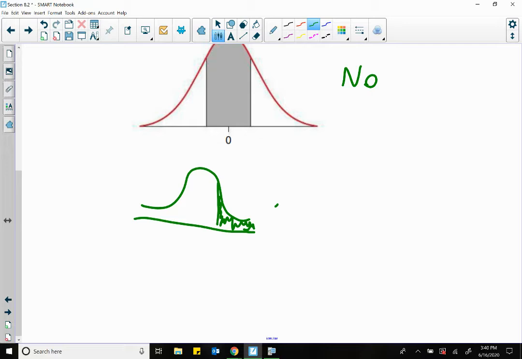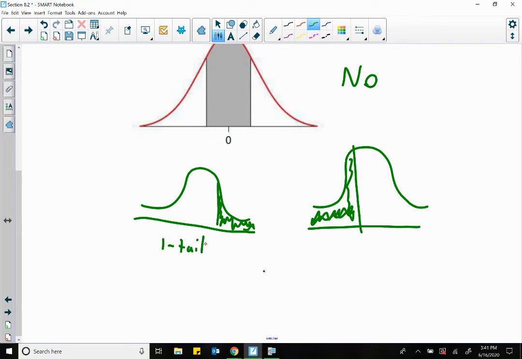So that's a one tail, and that's a one tail. One tail means that you're working with the greater than. Over here, this is the less than version, and it's a one tail.